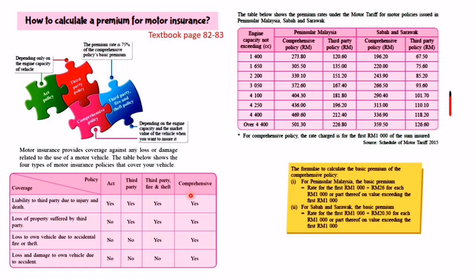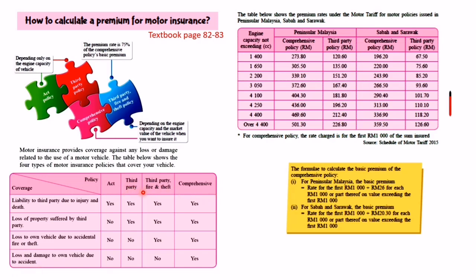For comprehensive, the coverage is liability to third party due to injury and death, loss of property suffered by third party, loss to own vehicle due to accidental fire and theft, and loss and damage to own vehicle due to accident.